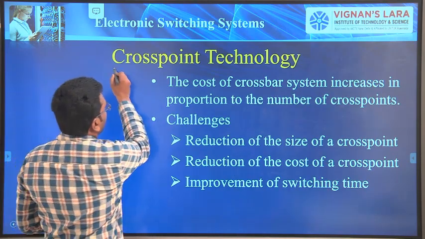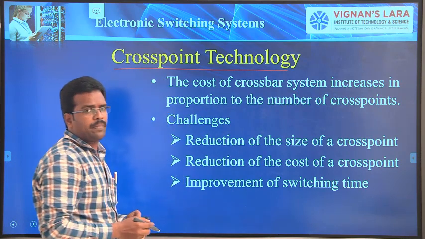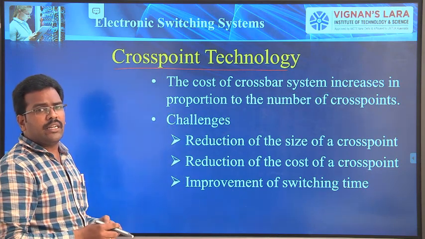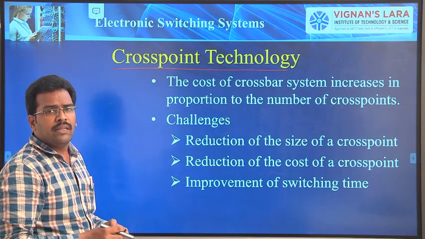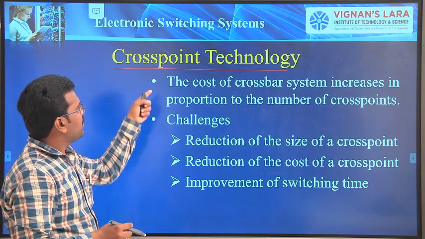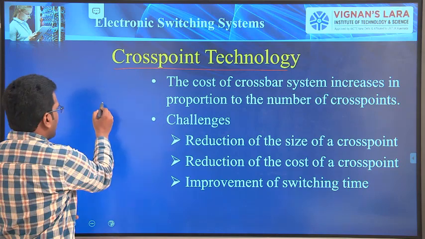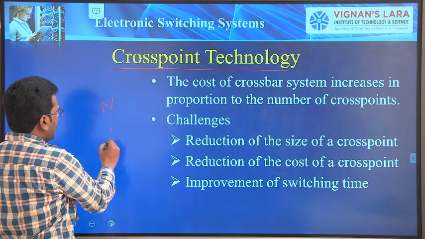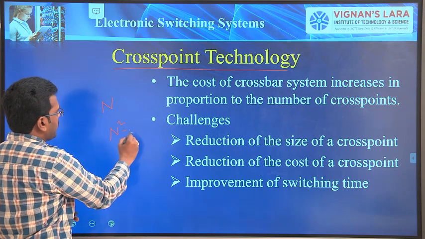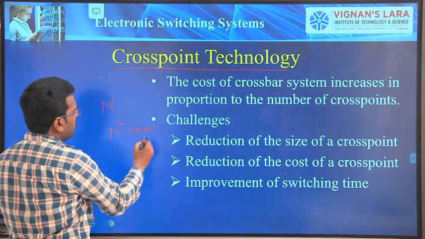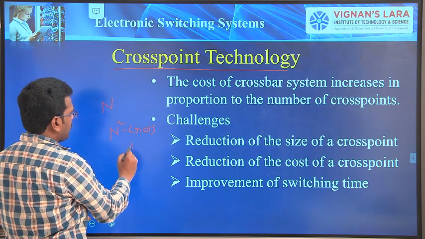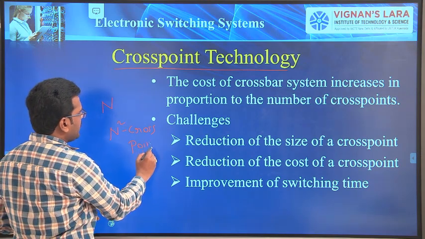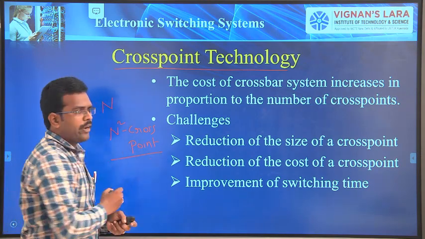Next one is cross point technology. If you take the example in a crossbar switching system, the predominant component is cross points, right? For n subscribers, we require n square cross points. Therefore, in a crossbar switching system, the predominant component is cross points.